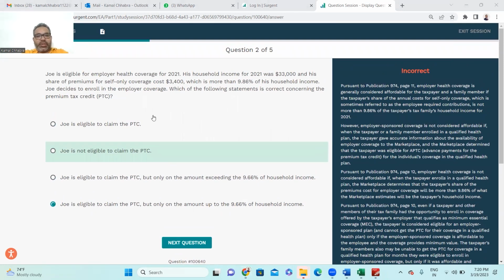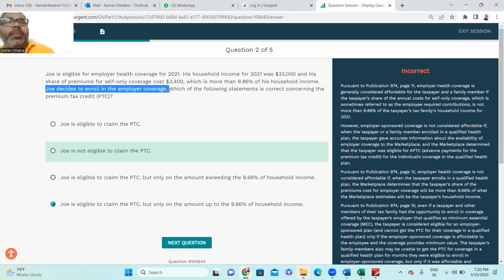So the crux of the story is that. Here, Joy is eligible for the employer health coverage plan. That means the employer is already paying for the health coverage plan. His income is this and coverage is this. Everything is right, but Joy decided to enroll in the employer coverage. So he is already being covered by the employer. Even after that, if he is paying something to cover himself, that amount is not eligible for the premium tax credit.